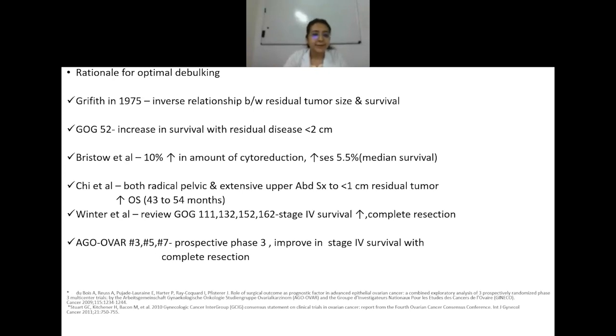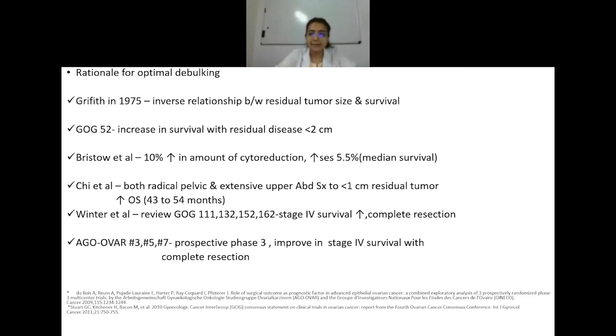In 1975, it was Griffiths who stated that there is an inverse relationship between residual tumor size and survival. GOG 52 states that an increase in survival was there if the residual disease was less than 2 centimeters. Bristow et al. stated that a 10% increase in the amount of cytoreduction increases median survival by 5.5%.